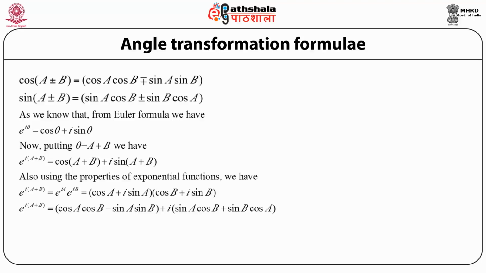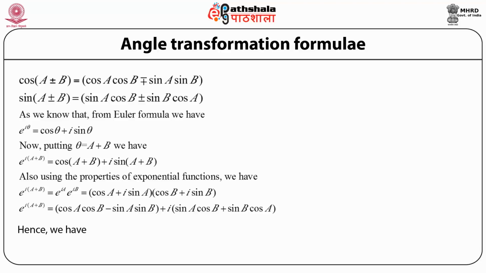Therefore we can multiply these two like complex numbers, which will lead to cos A cos B minus sin A sin B plus i times (sin A cos B plus sin B cos A).